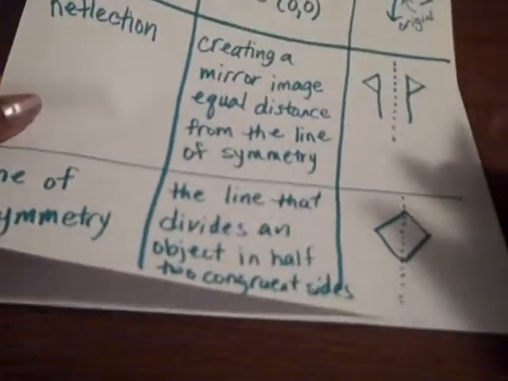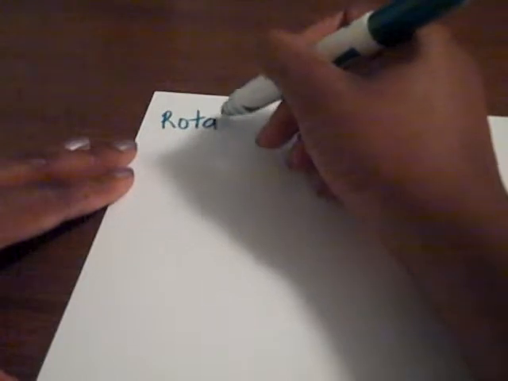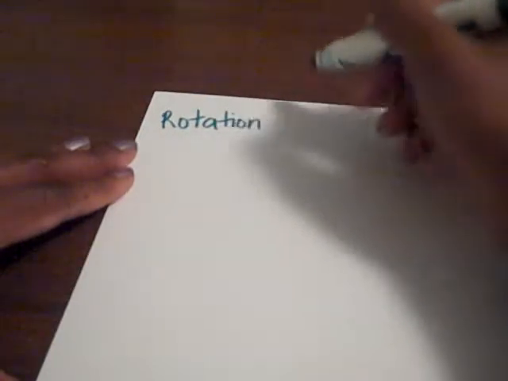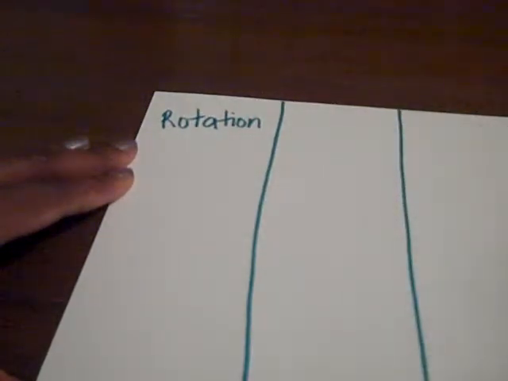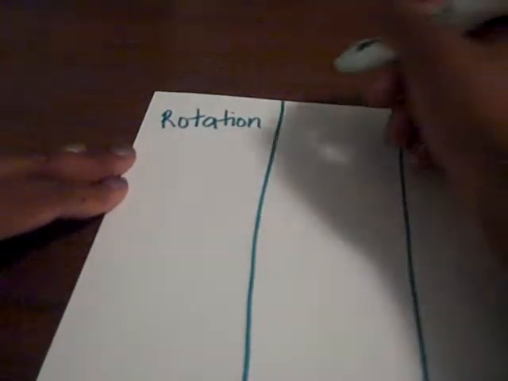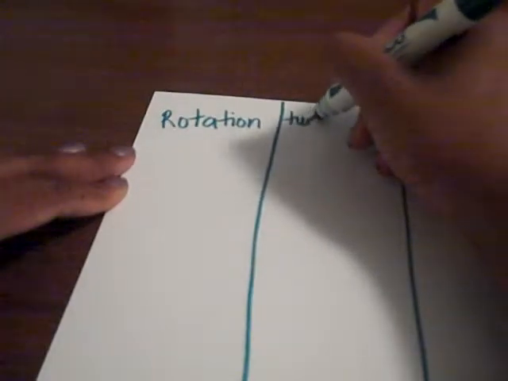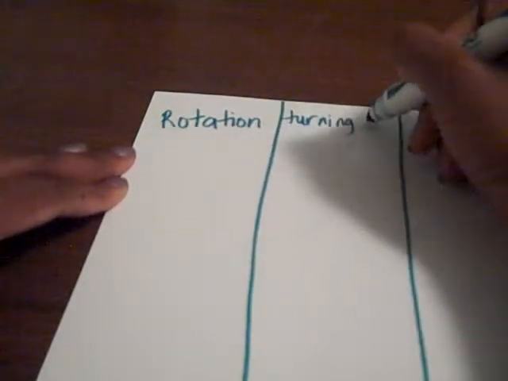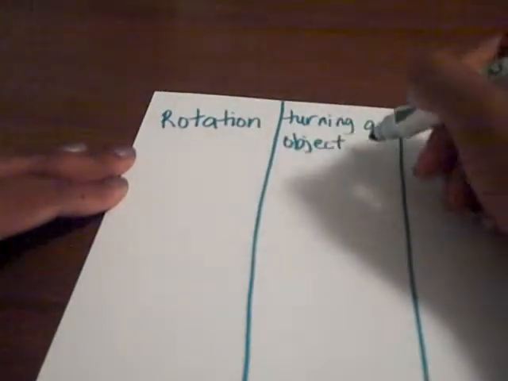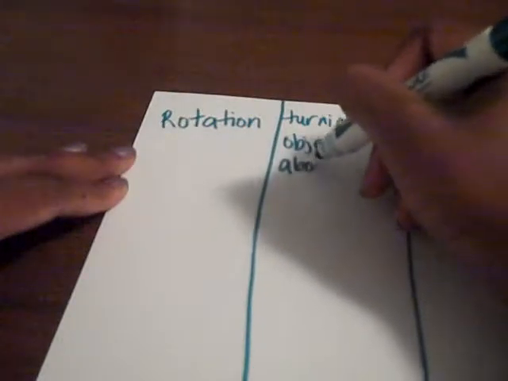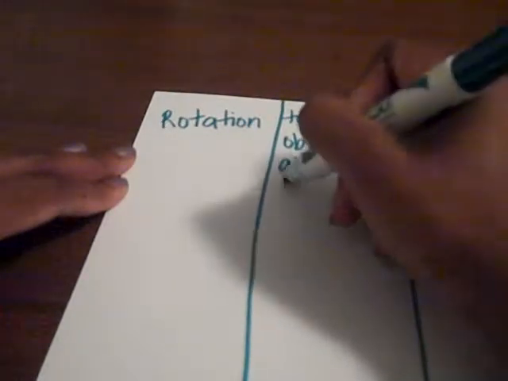Moving on to my next term. My next term is going to be rotation. Rotation is turning an object about a fixed point.